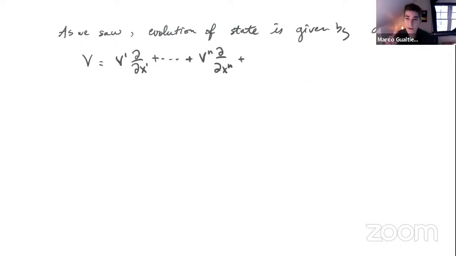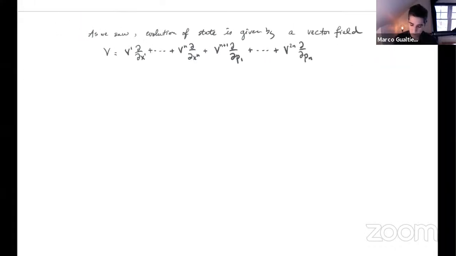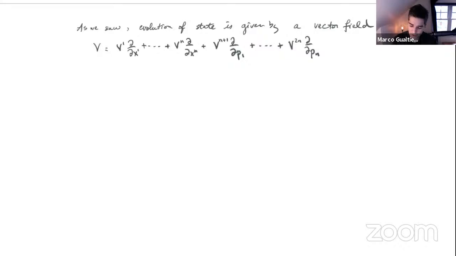But remember that we're in phase space, so there's double the coordinates. There will be 2n functions now. And this vector field is a vector field on phase space.